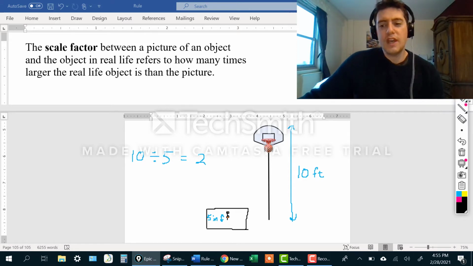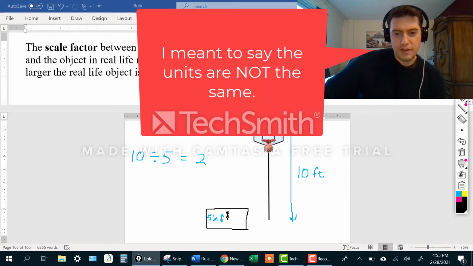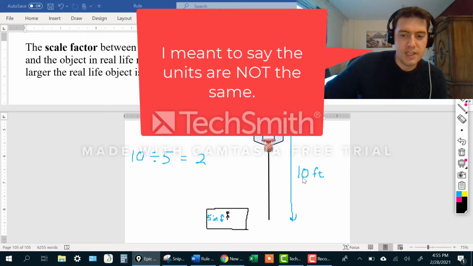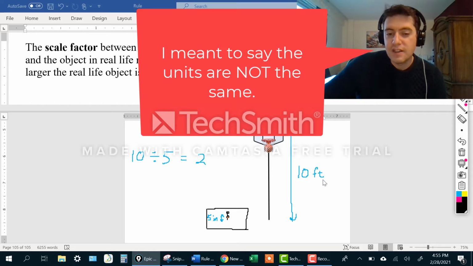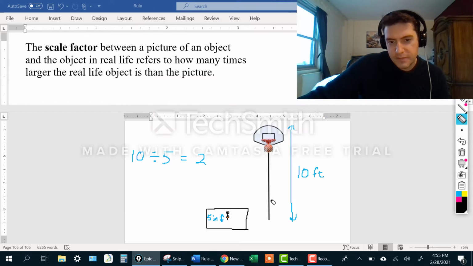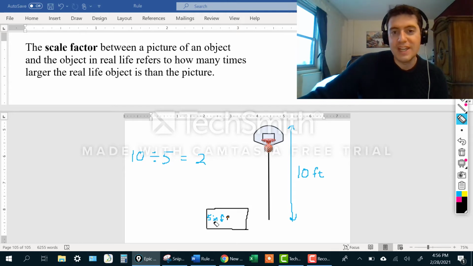The reason we can't do that is because the units are not the same. This basketball pole, the real life one, we can see has been measured in feet, and this little tiny basketball pole over here that somebody drew on a piece of paper has been measured in inches.